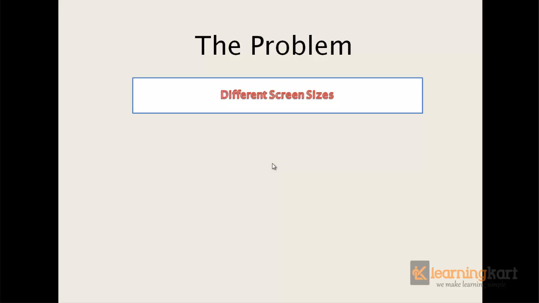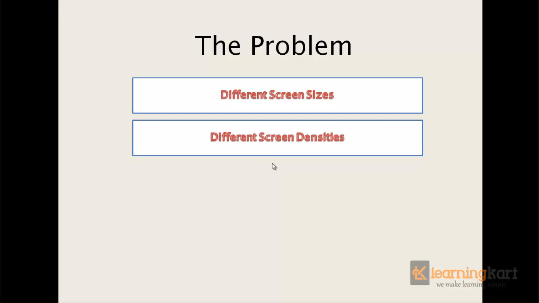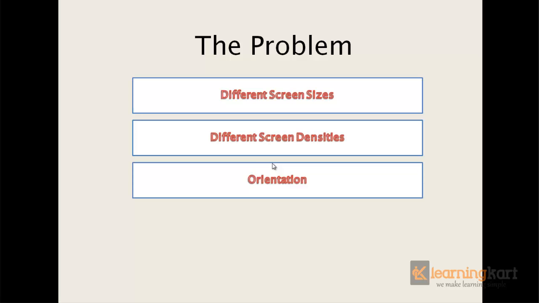Now, what exactly is the problem? We have different screen sizes, we have different screen densities, we have the orientation problem, then we got a number of other things that we need to see, which is the language and the regions to which it belongs. In case you want to get into deeper things, then there are night modes, and left to right arrangement or right to left arrangement.